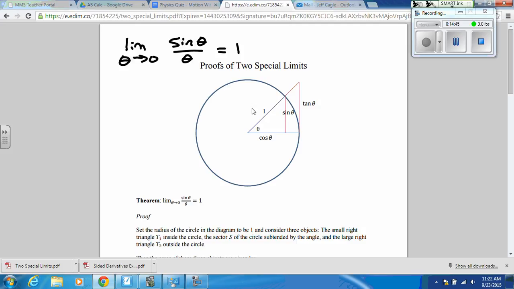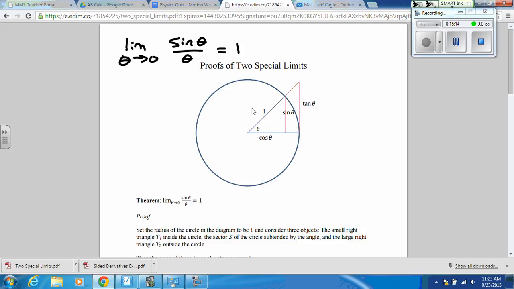On your calculator, if you graph on the window -5 to 5 by -2 to 2, then your graph should look something like this. If you look very carefully, it has a hole right at x equals 0, which is not surprising because you can't divide by 0.